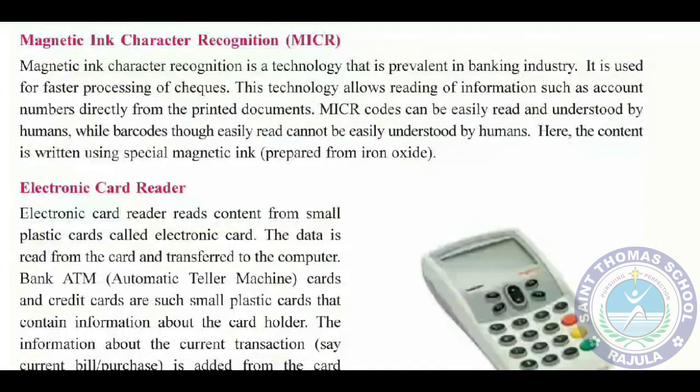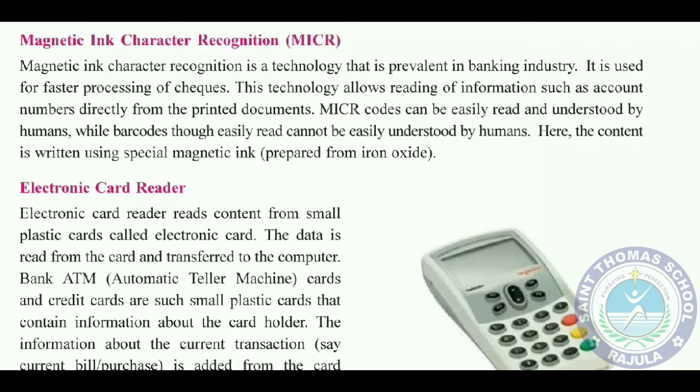Then the next is magnetic ink character recognition, MICR technology, we are going to discuss. This magnetic ink character recognition is a technology used in the banking industry. It is used for faster processing of checks.